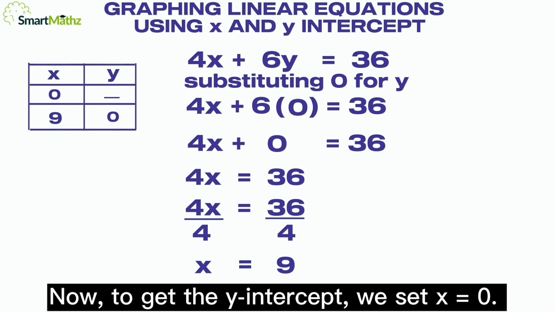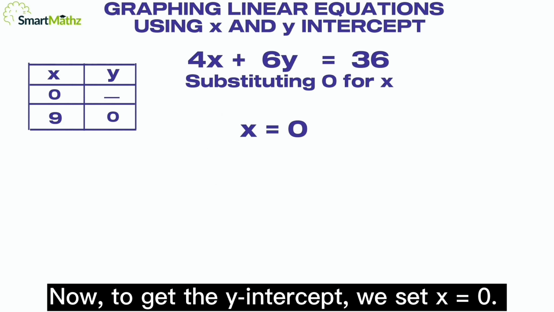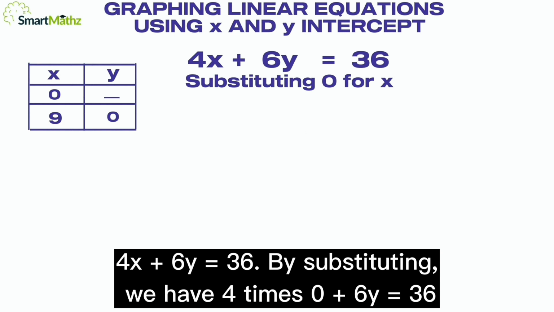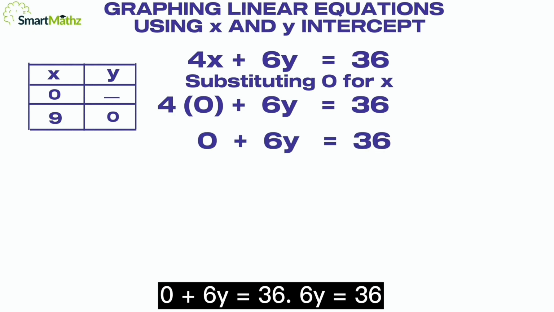Now, to get the y-intercept, we set x equals 0. X will be substituted by 0 in the equation. 4x plus 6y equals 36. By substituting, we have 4 times 0 plus 6y equals 36. 0 plus 6y equals 36. 6y equals 36.